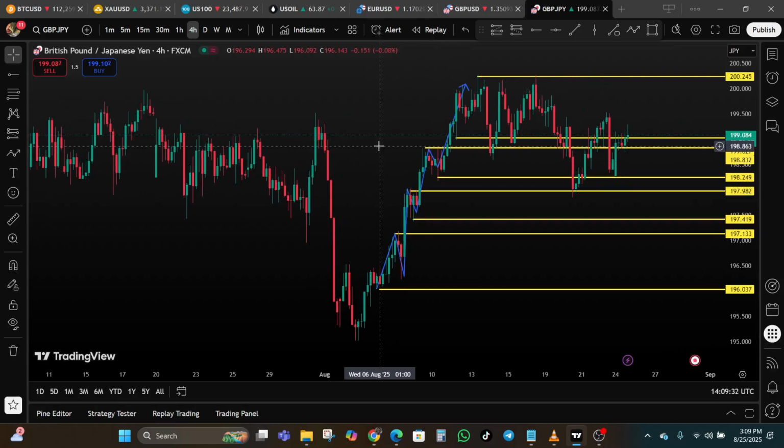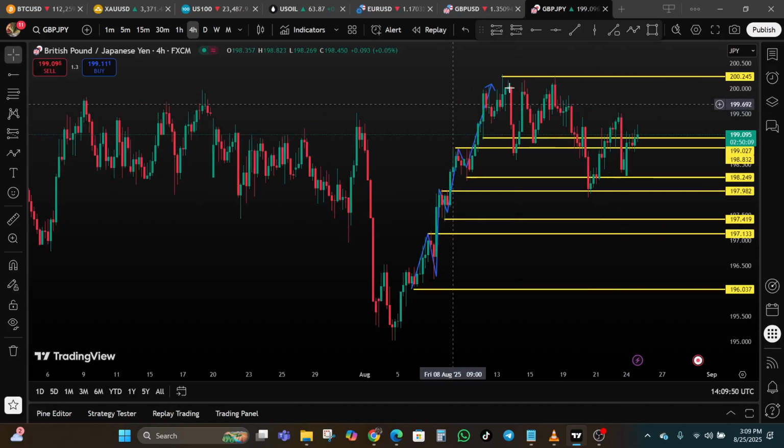Next is support and resistance. On the H4 chart, these levels are highly respected. They align closely with what you'll see on the daily and the weekly time frames, making them strong areas to plan your trades from.